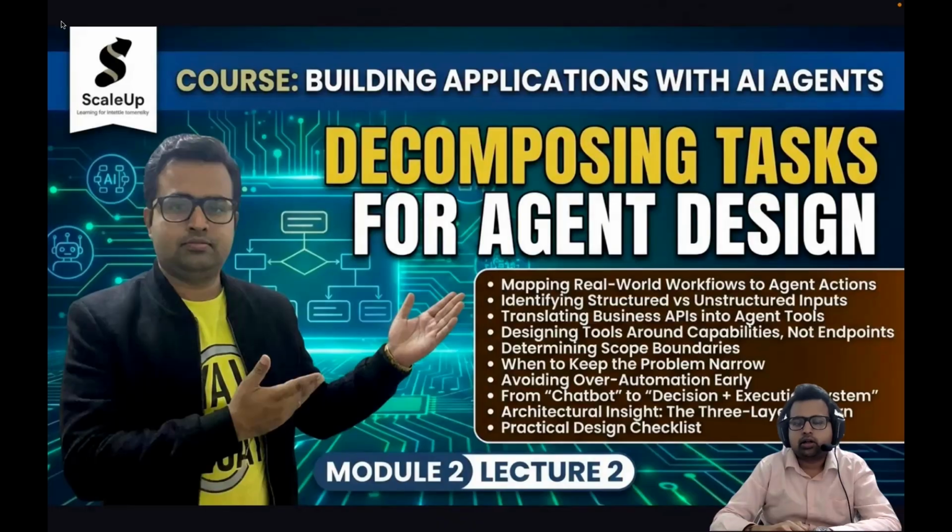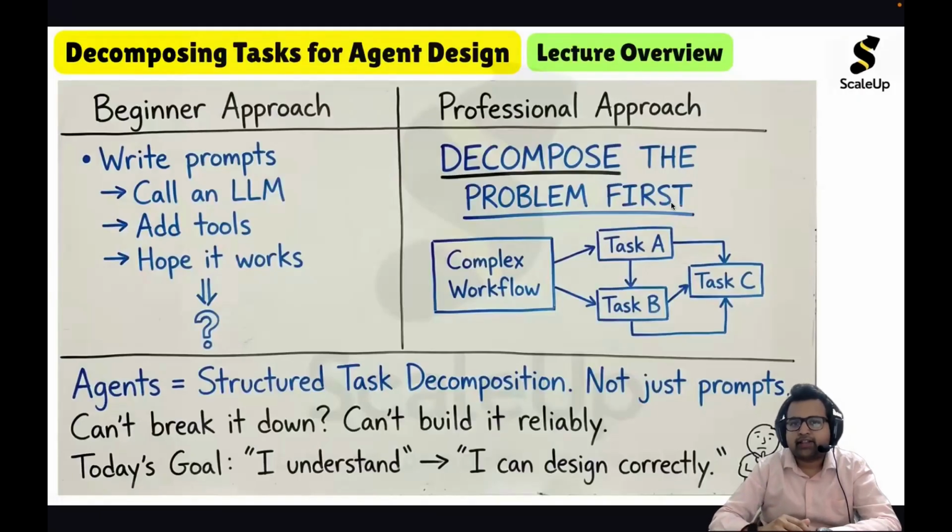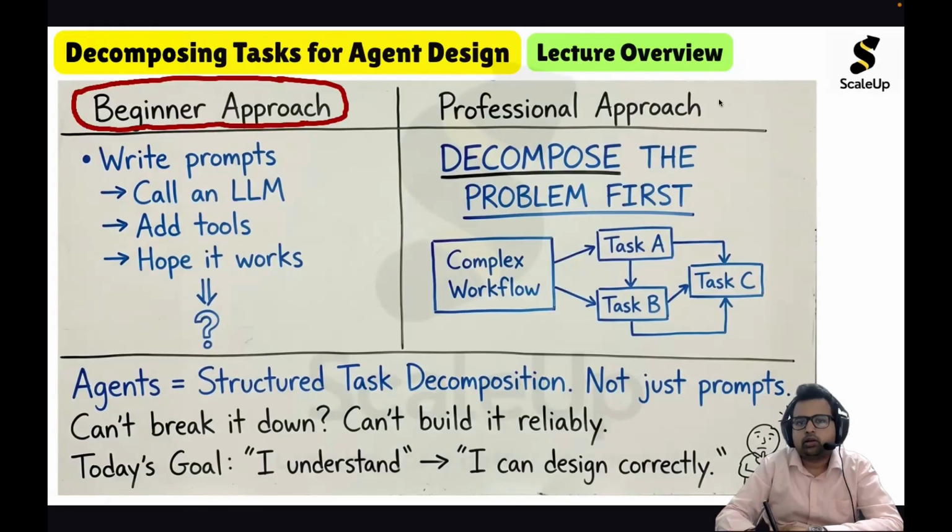This is lecture 2 of module 2, and in this lecture we will be discussing decomposing tasks for agent design. Let us look at the lecture overview, what this lecture is about. Most beginners try to write prompts, call an LLM, add tools, and hope it works.